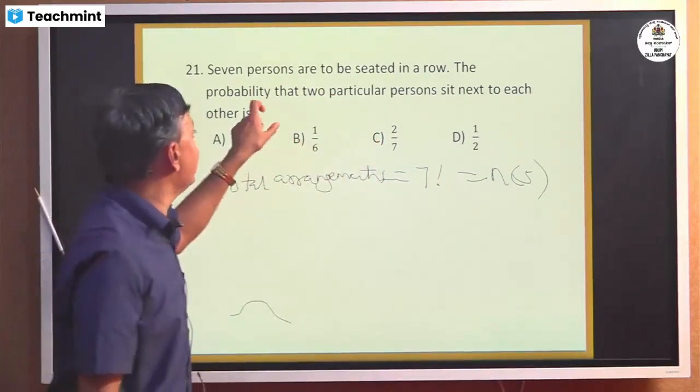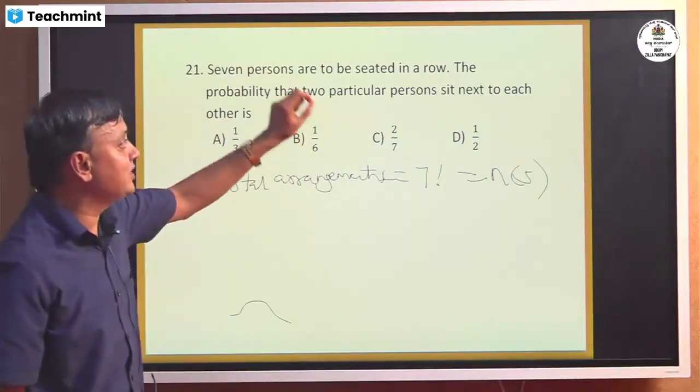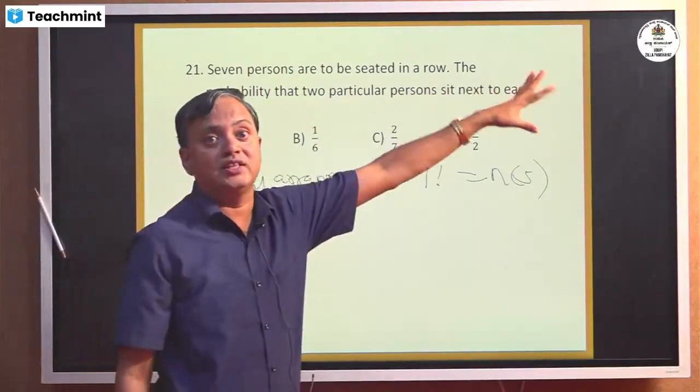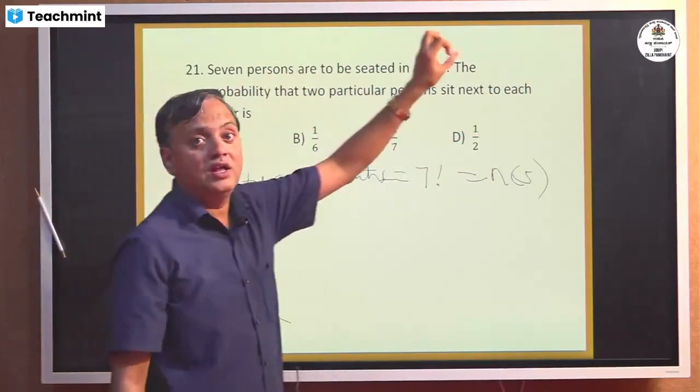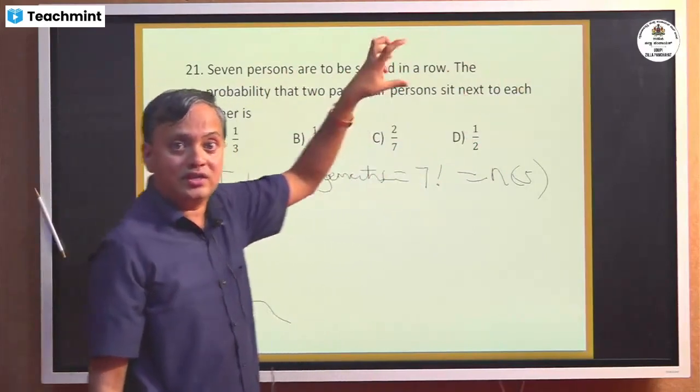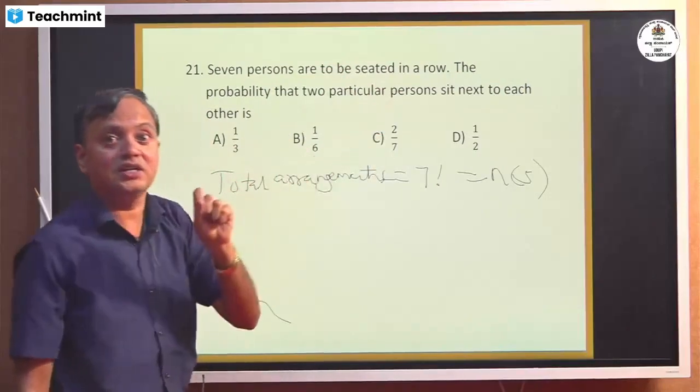But the condition is that 2 particular persons sit next to each other, meaning together. So these 2 persons are considered as one group.